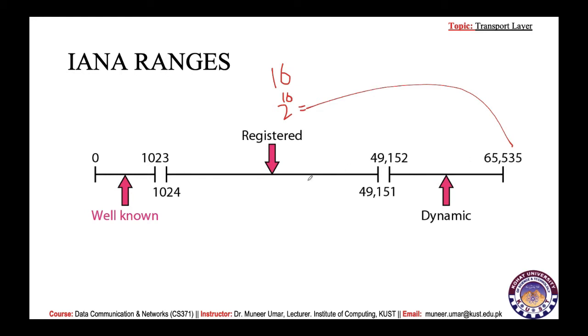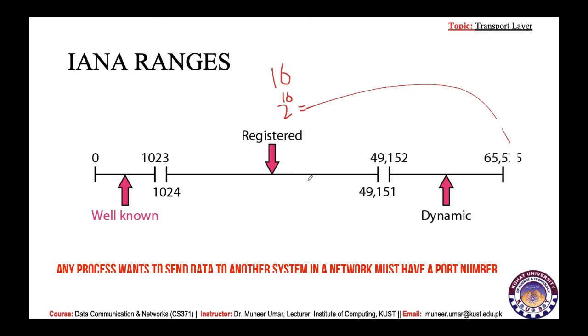Any process that is connected in the network and wants to send or receive data must have a port number, and that port number must lie between 0 and 65,535. These port numbers are divided into three ranges: the well-known, registered, and dynamic.